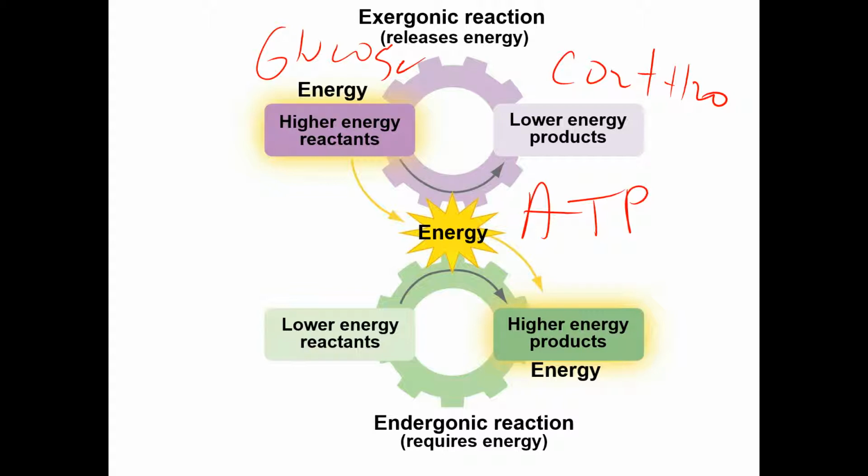So that's the exergonic process. And then here you have an endergonic process. This ATP is used for something. Here you have low energy reactants, let's say something like an amino acid, and you're going to make a high energy product like a protein.